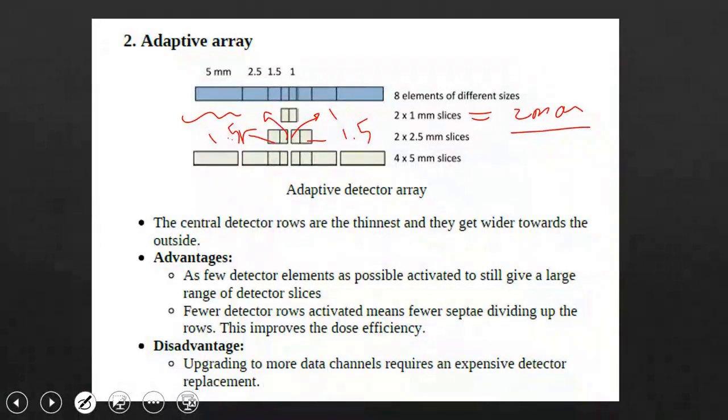Why? Because I will take the data from these two together. They represent 2.5 millimeters. The two adjacent to them also represent 2.5 millimeters. So, 4 at 5 millimeters, I will take the largest one, which is 5 millimeters. The one adjacent to it is 1, 1.5, and 2.5, which also makes 5 millimeters. So, you have used the 4 as if I actually have several rows.